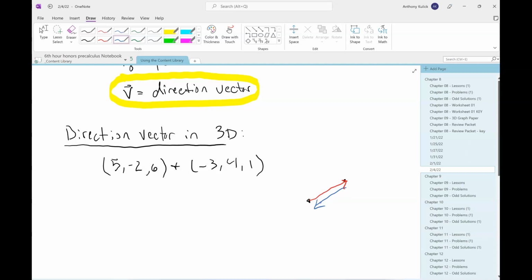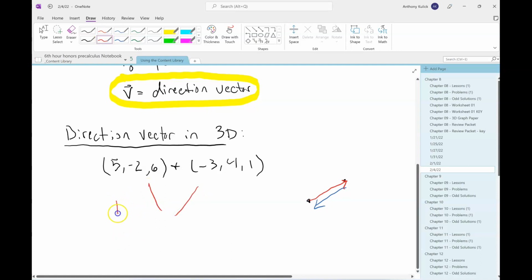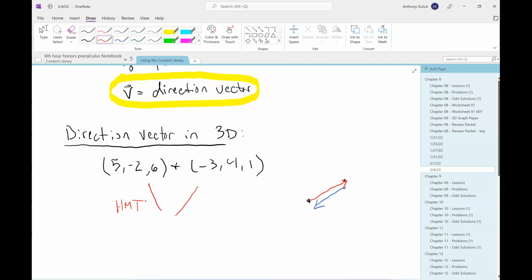Everybody okay with that? So really, when we create this direction vector, all we're doing is just a head minus tail rule will create a direction vector for us.